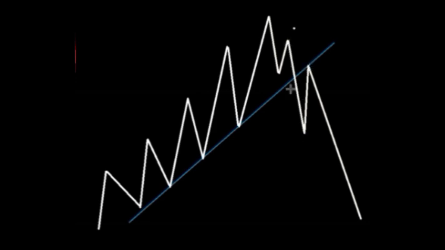This range, you mark up and make sure price is at the premium before you make any entry. And you see price moved from there and came to take out the final liquidity point on that trend line.